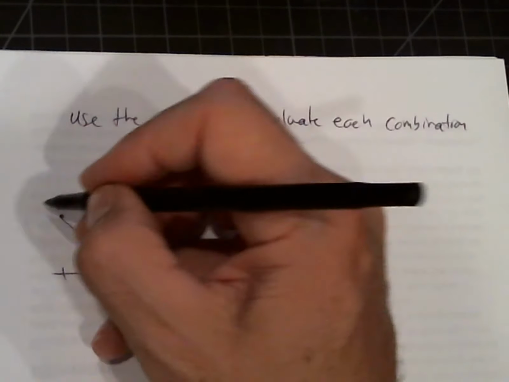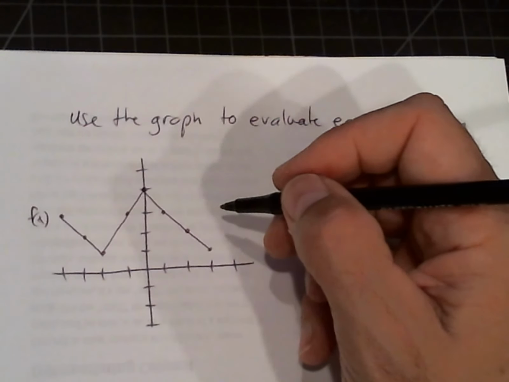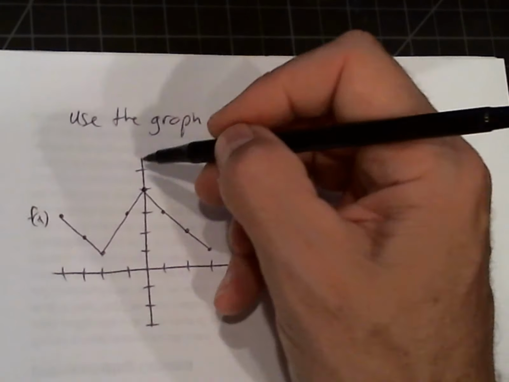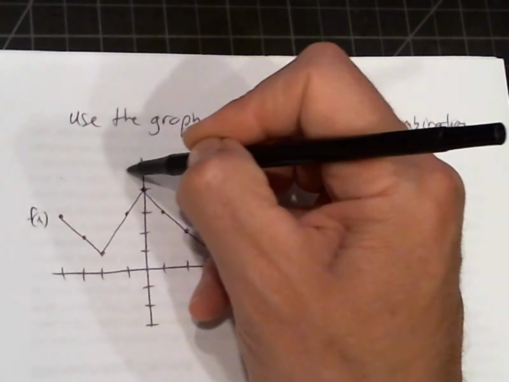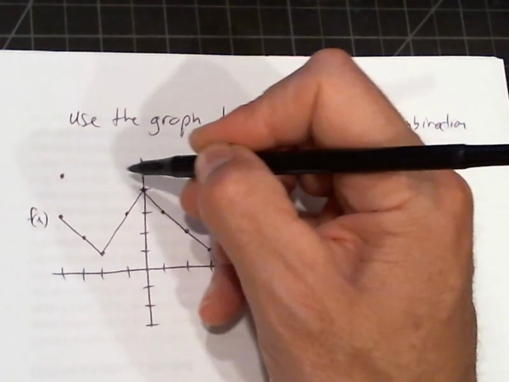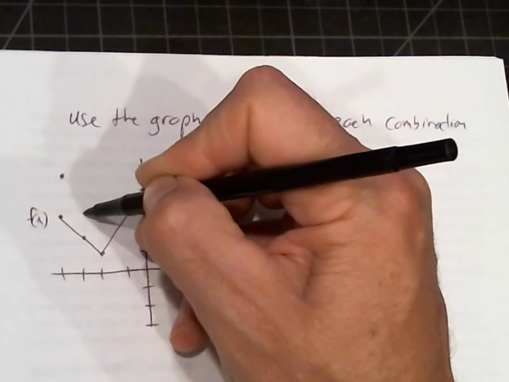Okay, that's f of x and g of x. Negative 4, 5. Negative 3, 3.